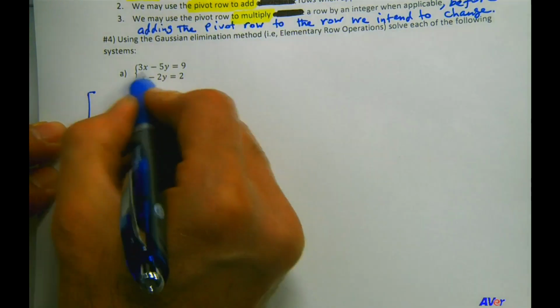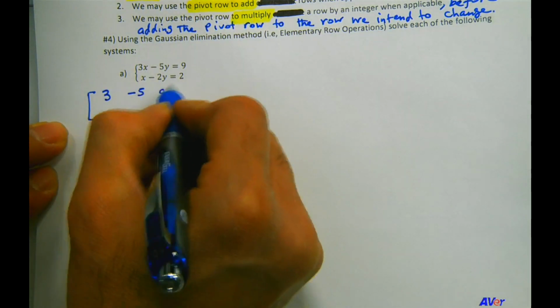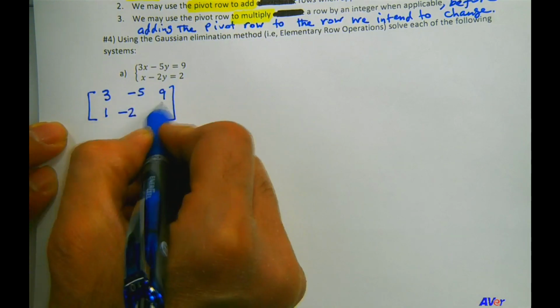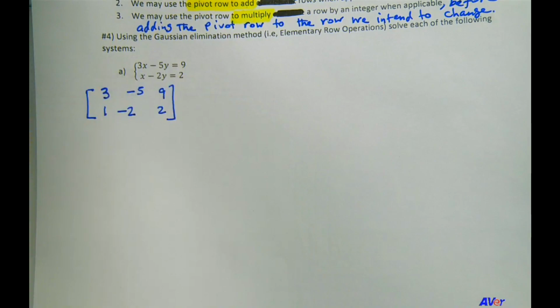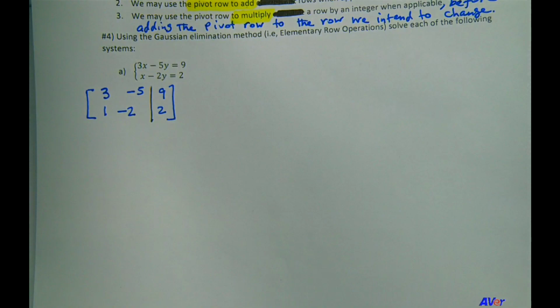So the coefficients, 3, -5, and 9, 1, -2, and 2. And I personally like to put a vertical line there to separate the coefficients of the variables from the constants. Okay, I personally like to use that vertical bar.